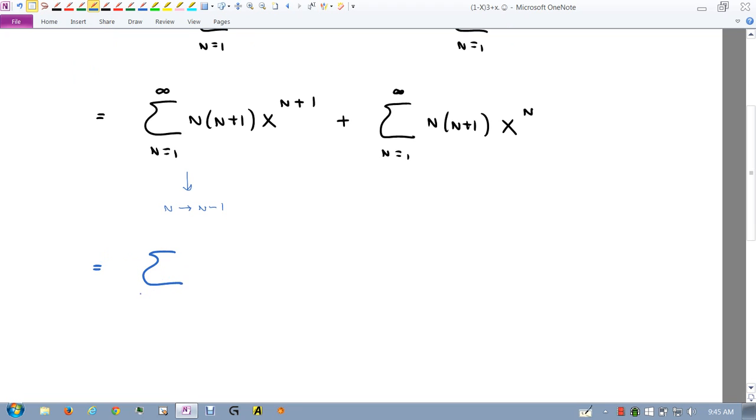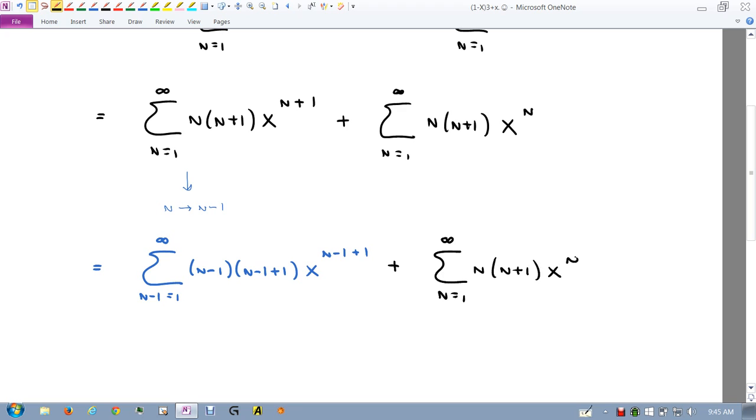Sum, n minus 1 equals 1 to infinity, n minus 1, n minus 1 plus 1, x to the n minus 1 plus 1, and then plus the other one I'm not touching. I'm just going to leave it. Oh, no, you can't. And that will be another issue we'll have to address in just a second. Okay?